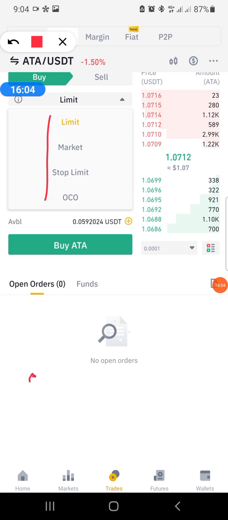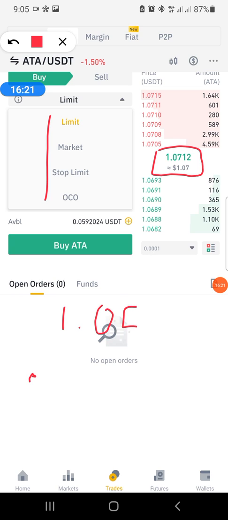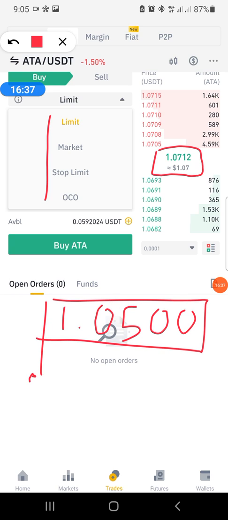Maybe currently the price of this coin is $1.0712, and you want to buy this particular coin at $1.0500 per coin. You set a limit order. When the market price reaches this particular price, your order will be triggered and your position will be opened.